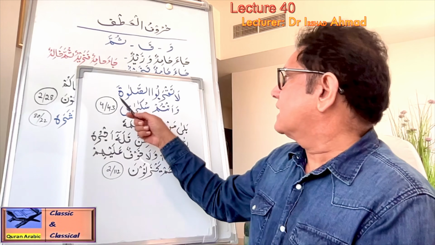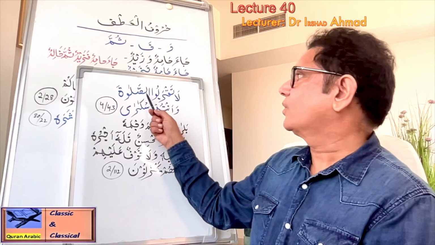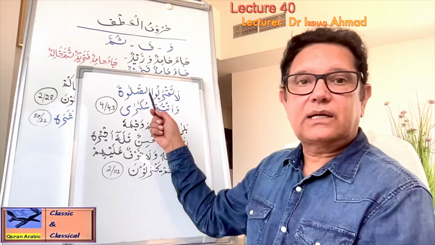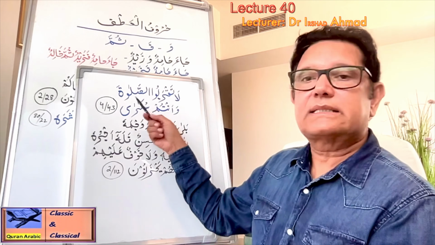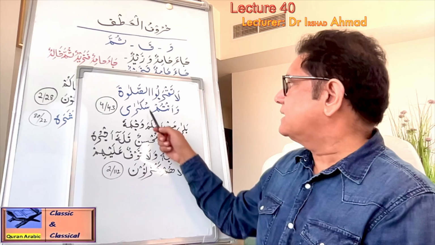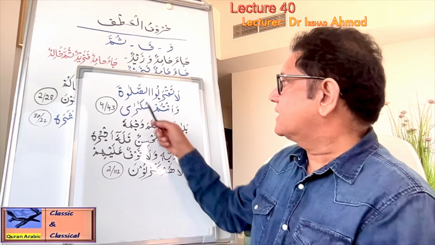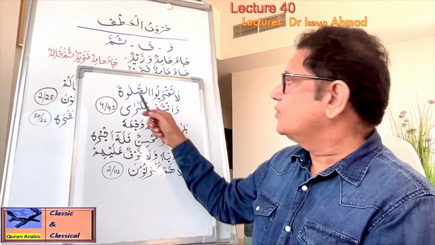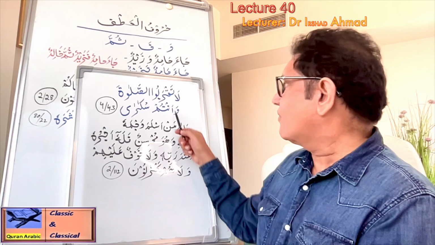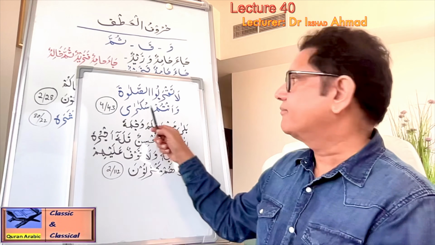La takrabus salata wa antum sukara. Do not go near your prayer, near salah, which means do not say salah, wa antum sukara, in the state of being intoxicated. When you are in a state of intoxication, do not go near salah. And this waw haliya is commonly followed by a jumla ismiya.